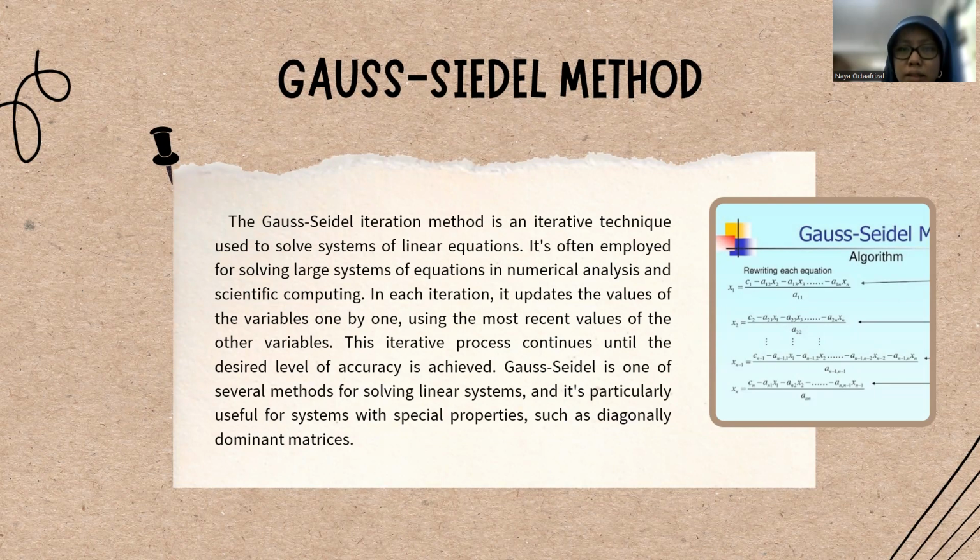The iterative process continues until the desired level of accuracy is achieved. Gauss-Seidel is one of several methods for solving linear systems, and it's particularly useful for systems with special properties, such as diagonally dominant matrices.